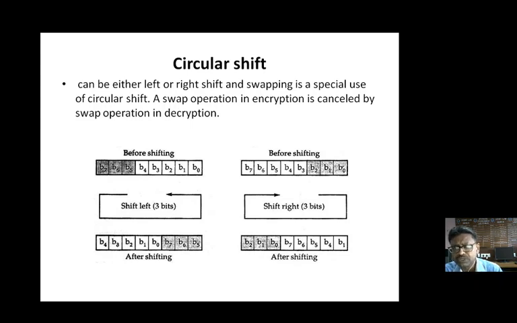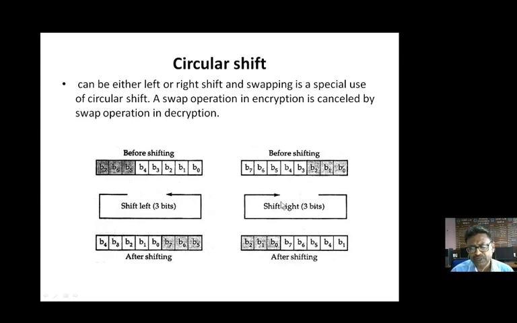It can be either a left shift operation or a right shift operation. Whenever we are doing the left shift operation and shifting 3 bits left, B5, B6, B7 will be shifted to the right side. That is why it is called circular shift.